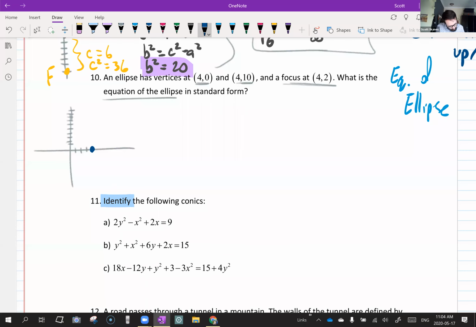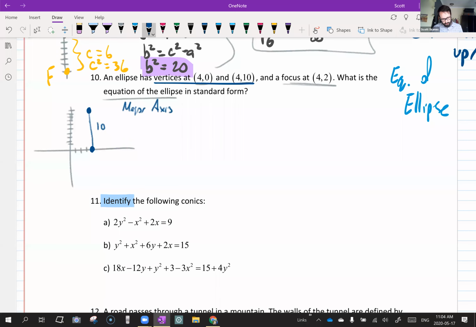So that's up high. Right away, the vertices give you the major axis. That distance is 2b. So this distance here, what was the distance? It's 10. It's the major axis.